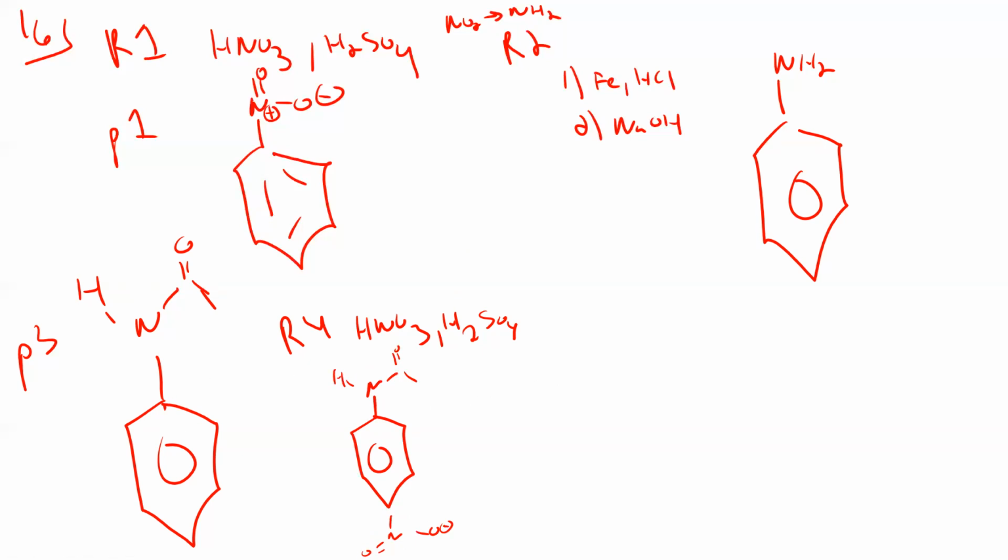And then let's see, what are we doing after that? Then we're converting into the amino group. So to do that, we have to identify reagent 5, and we'll put in this right here. So that's it. So I'll leave that up here.